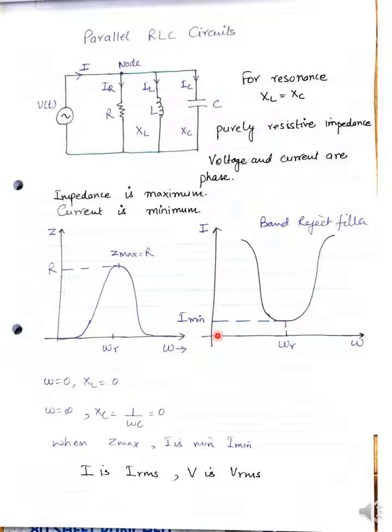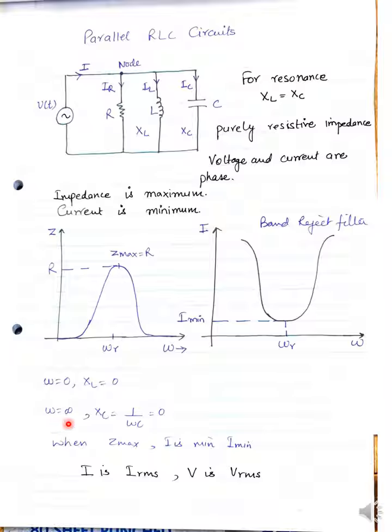Sorry, I forgot to use the pointer, because the series RLC circuit was of this form, like I'm moving this pointer, so it was like this. So it was a band pass of certain range from here to here, and this one is basically a band reject filter, because it is rejecting this particular band.